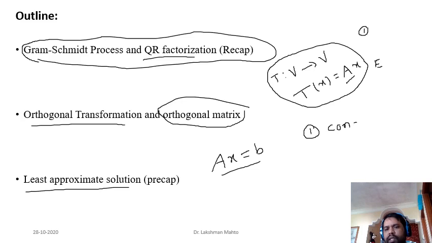In case of consistent, either the system will have one solution or more than one solution, infinitely many solutions. That is the meaning of consistent. And when the system has no solution, then we call that situation inconsistent.